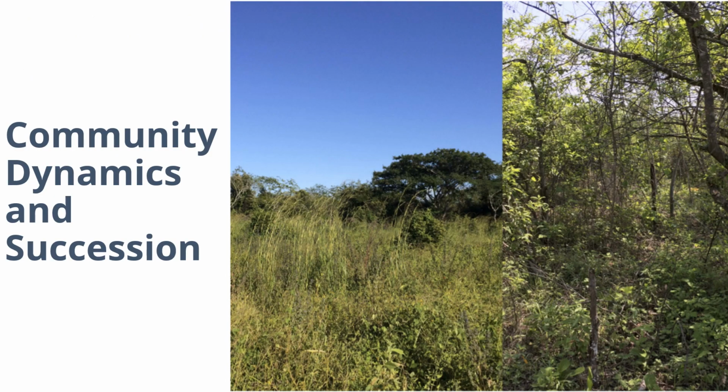By sampling communities across time, we can also understand community dynamics and the succession of a community following a disturbance. For example, the tropical dry forests of Costa Rica were almost entirely deforested to create pastures for the cattle industry, which boomed in the 1940s and 1950s after World War II.